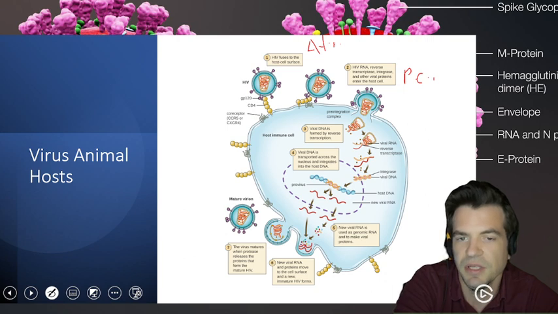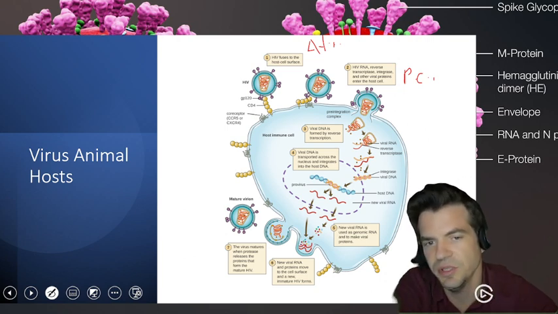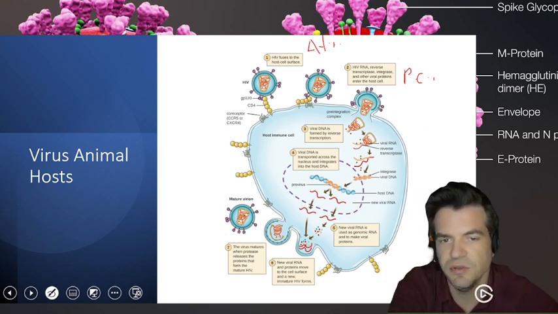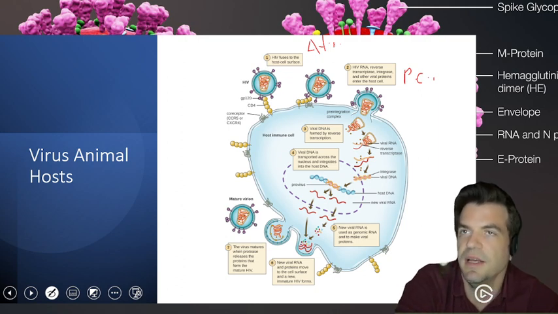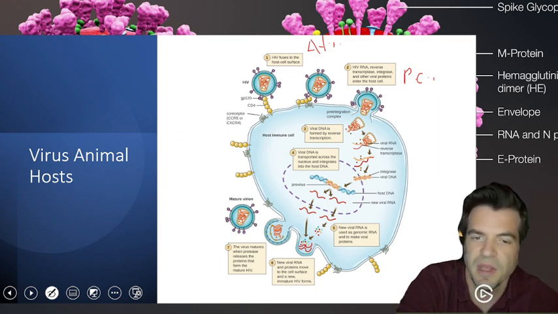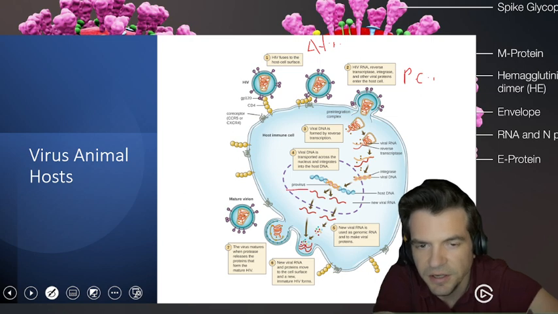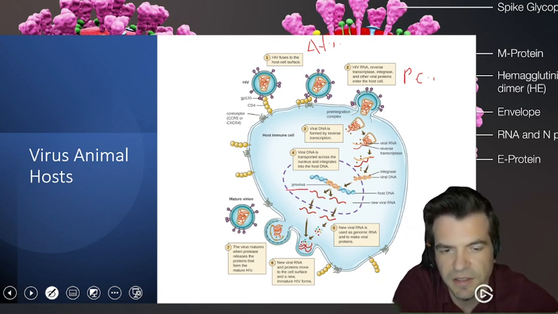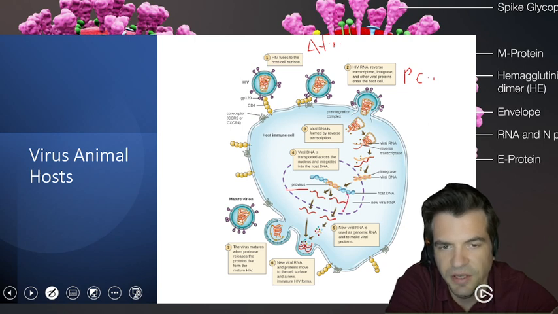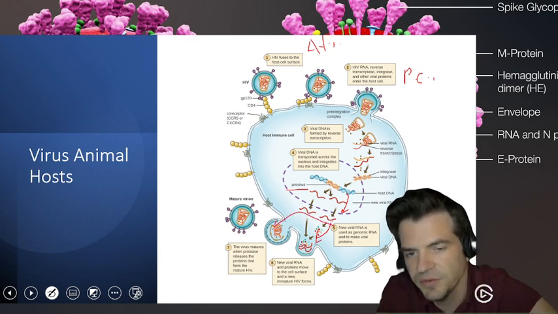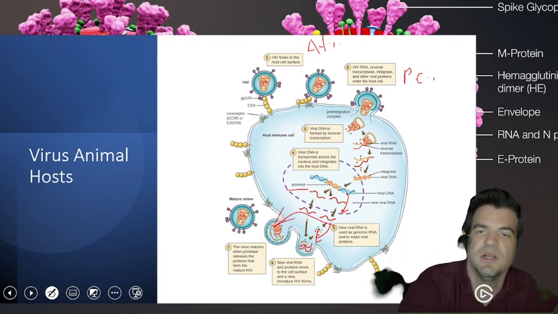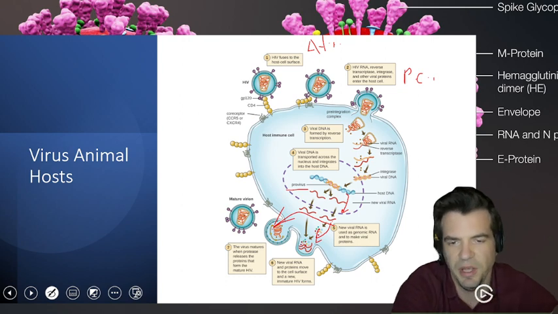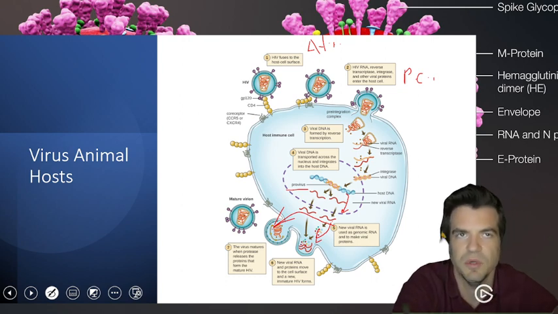The viral DNA is transported across into the nucleus and integrates into the host DNA as a provirus, which is highlighted here. That provirus makes new RNA, and that RNA makes more of itself and more virus proteins. So that's how a retrovirus works.